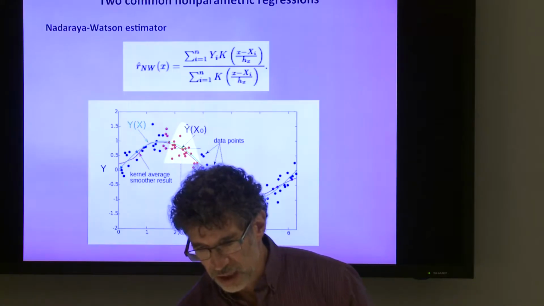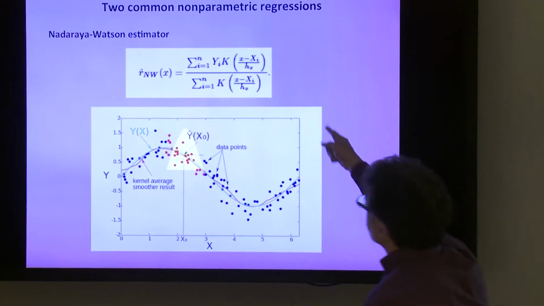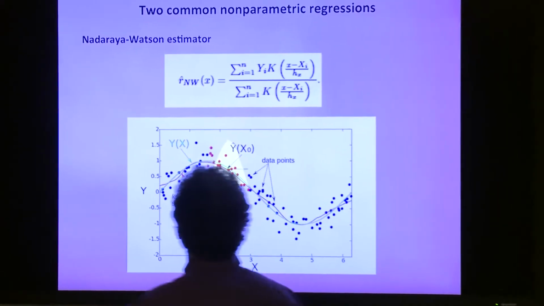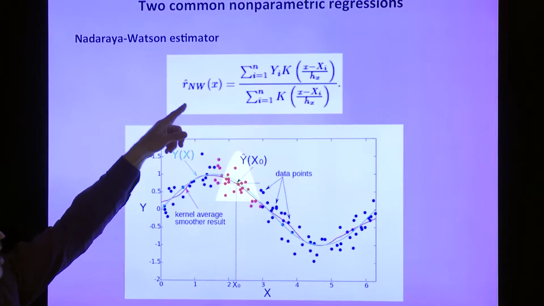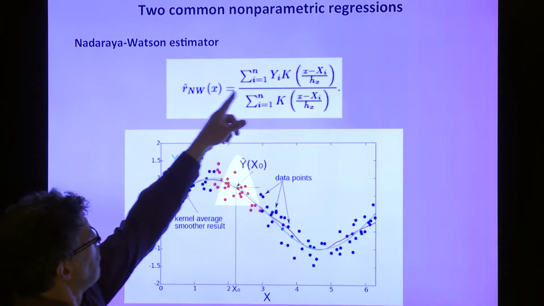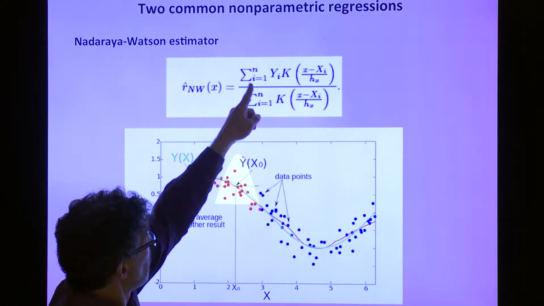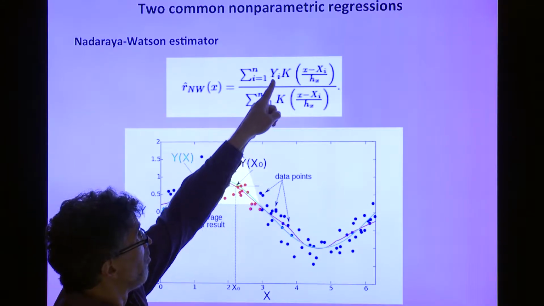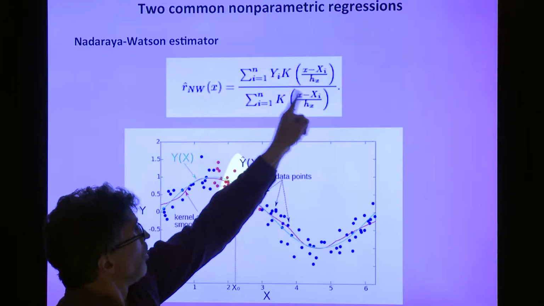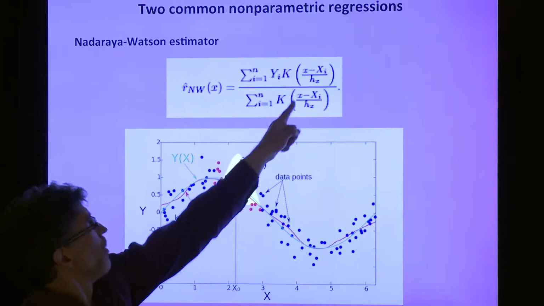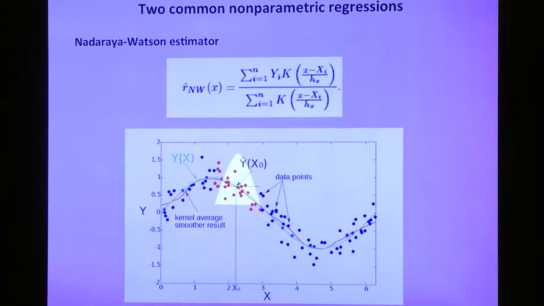Okay, so let's look at, okay, here it is. It's really simple. The estimator of the y, in this case it's called r here, is the sum over the data of the value of y convolved with a local kernel, just normalized by the kernel.